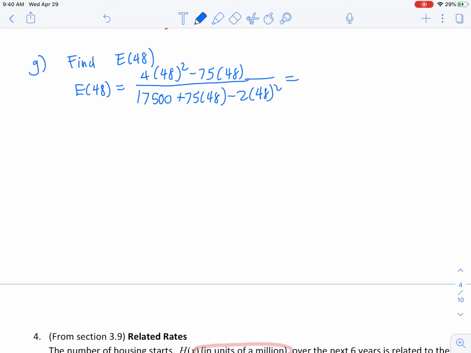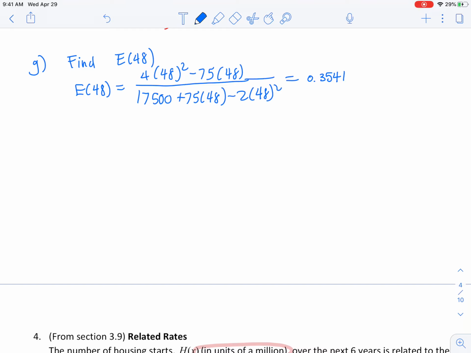All right, time for you to use your calculator. Okay, that comes out to be, they gave me a decimal, 0.3541.